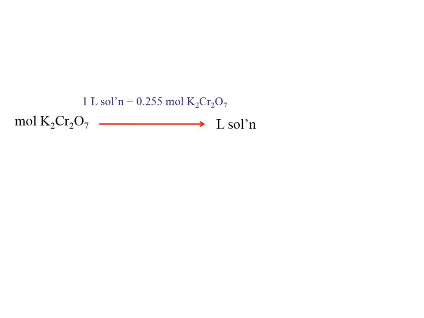But there's one more last little kicker. We wanted the volume not in liters, but in milliliters. So we're going to have one more term there, and that last term is going to use the 1,000 milliliters in 1 liter. And then we'll be done.